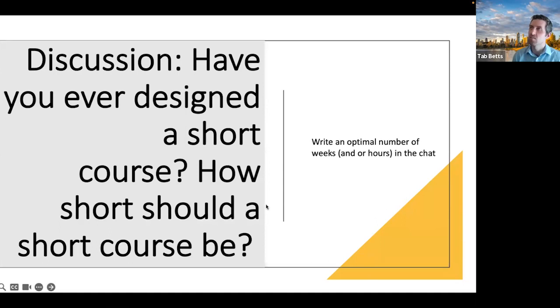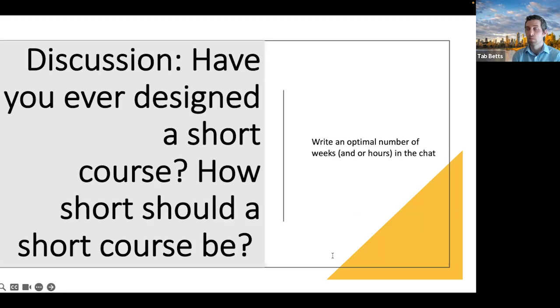Well, so yeah, I guess I think of a short course as anything which might take place over less time than a term, right? In a higher education context, at least. So if something lasts for a whole term, then it's normally considered a normal module. But if something is only, say, 4 to 6 weeks, or a couple of months or one day or a week, then I would consider that a short course.